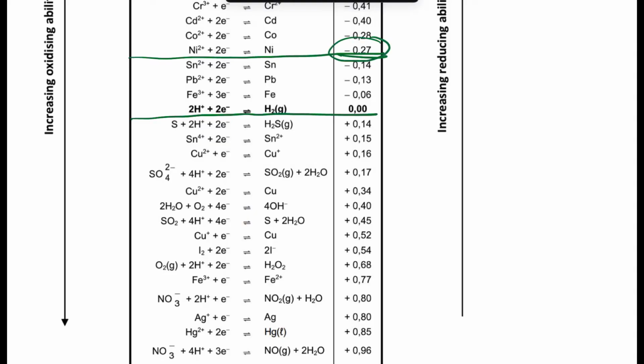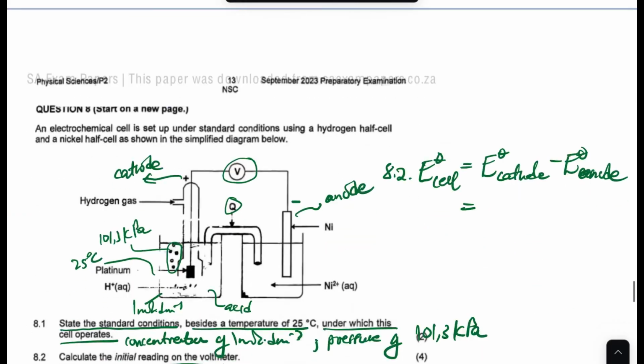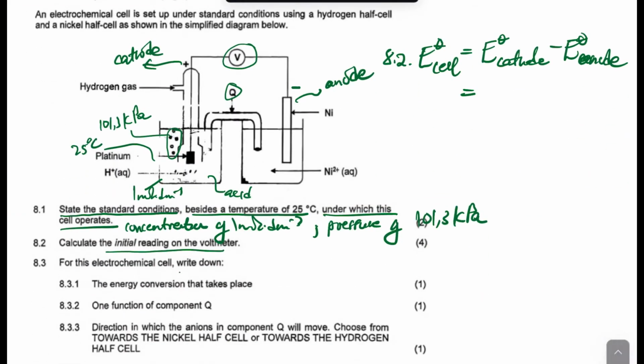The nickel is negative 0.27 and the hydrogen is 0 as the cathode. So it's 0 minus negative 0.27, which is going to be 0.27 volts. That's the initial reading.